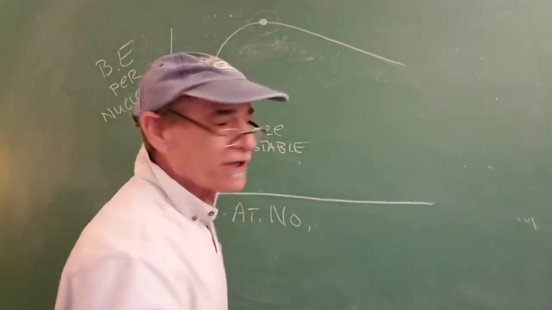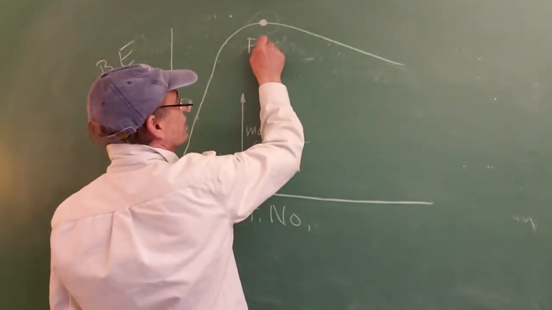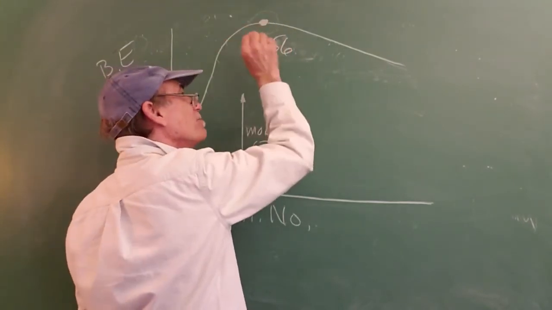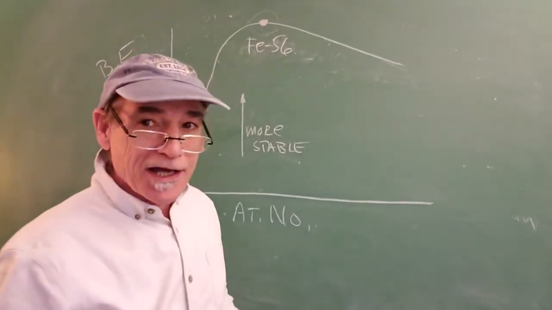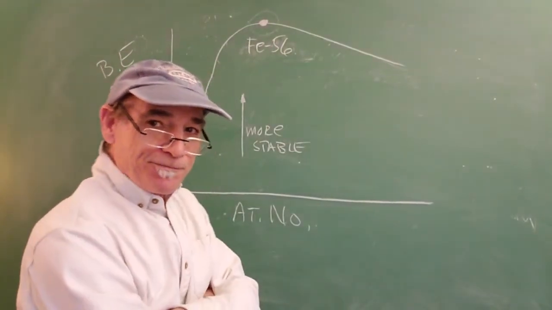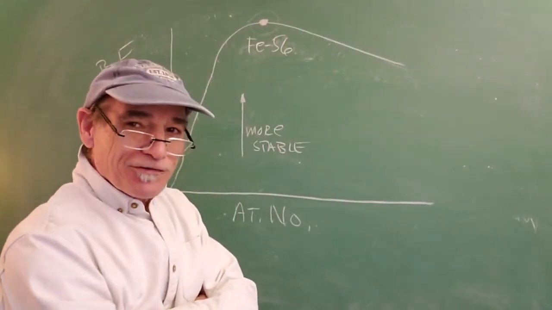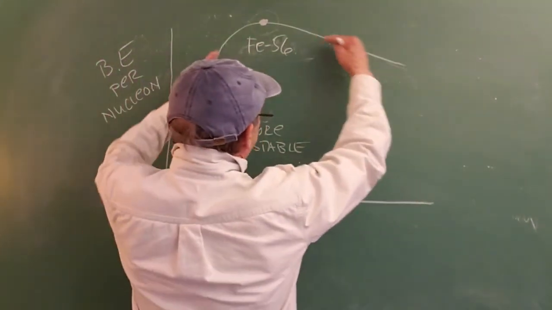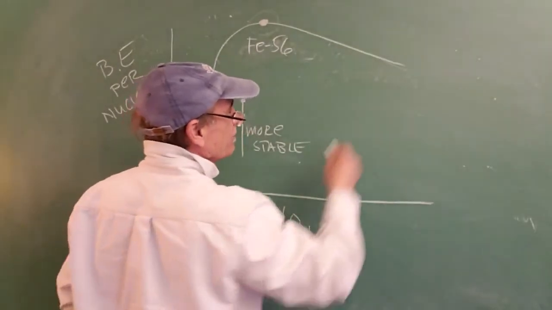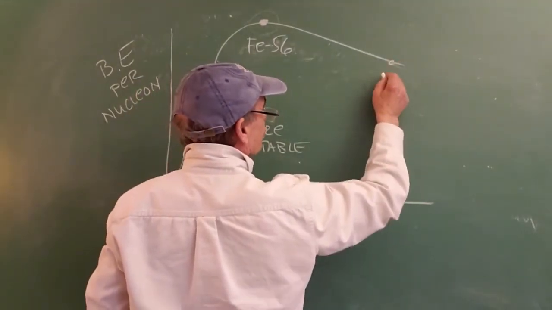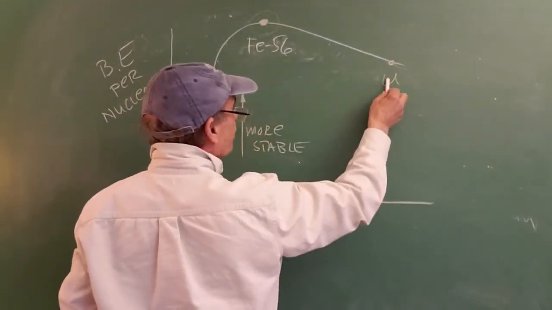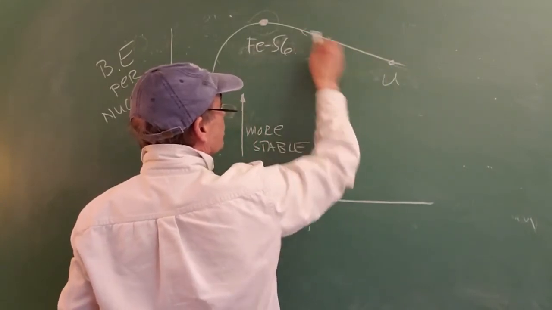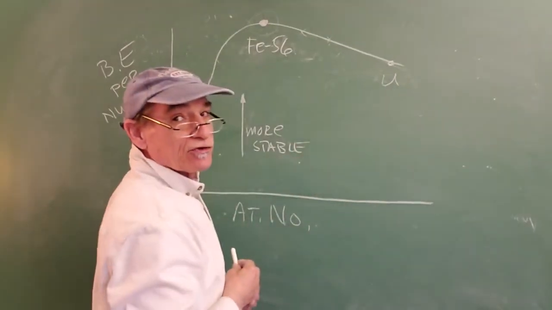It turns out that this breaking point happens at iron-56. That particular isotope has the most binding energy per nucleon, the most stable nucleus. Now, the importance of that breaking point is this. Things get more stable as they approach iron-56. So elements over here, say like uranium, if it could break apart into smaller isotopes, maybe up here, they would become more stable and release that energy.